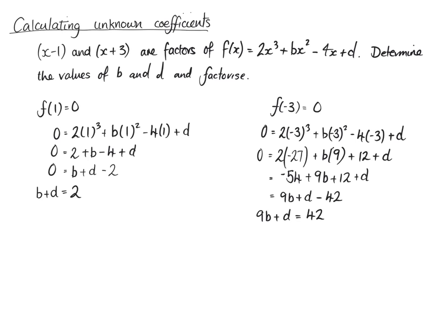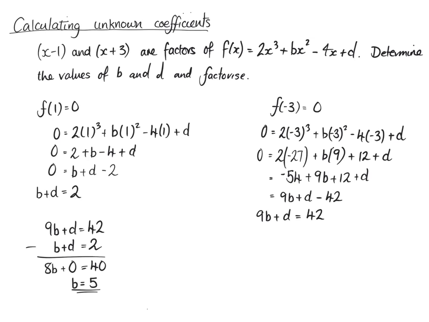Right, so then we've got to find our values of b and d, so we set them up as simultaneous equations. So we've got 9b plus d equals 42, and we've got b plus d equals 2. If we take these away from each other, 9b take away b is 8b, d take away d is 0, equals 42 take away 2, which is 40. So therefore b equals 5.